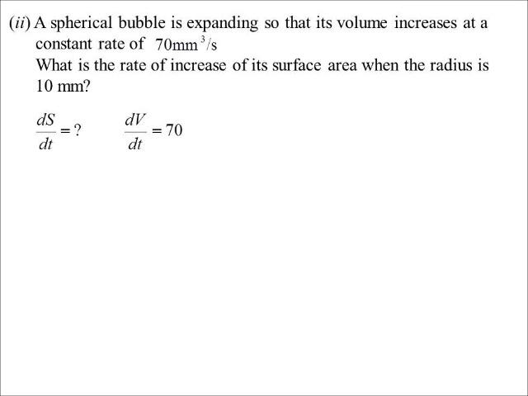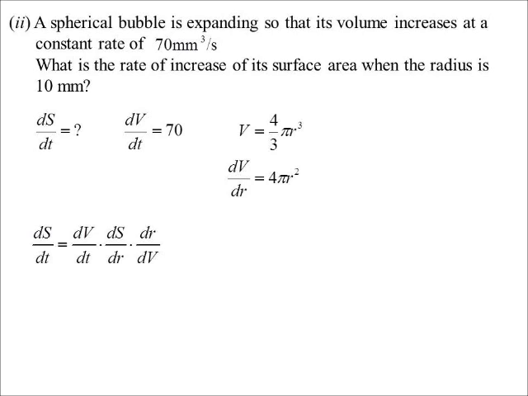So if we could link volume and surface area together, this is where I think a third rate's going to come in handy. We'll throw radius into it as well. If I come up with one rate for dS/dr, another rate for dV/dr, I should be able to link it all together and come up with a formula. And when you look at the question, it makes sense to tie it together with radius, because they're asking us when the radius is 10.